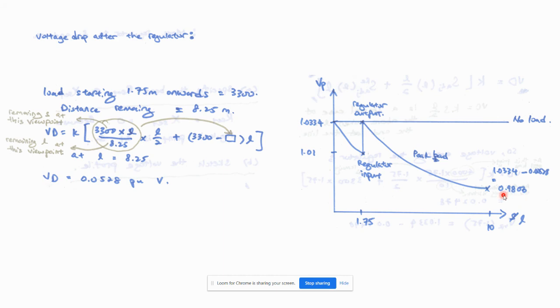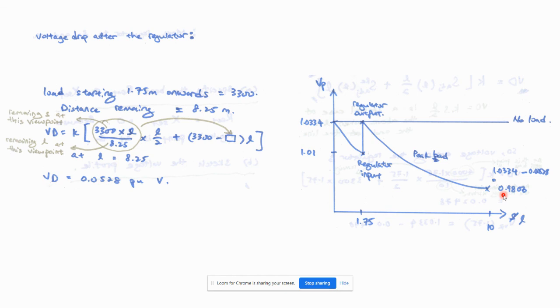So if I move my regulator 1.75 meter down the feeder, but I don't do any active regulation, meaning my R and X setting is 0, then due to voltage drop, my final voltage at the end of the feeder is 0.9806, and that still does not satisfy my requirement of at least 1 volt plus bandwidth.